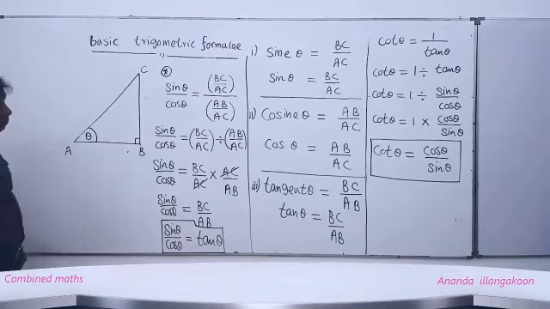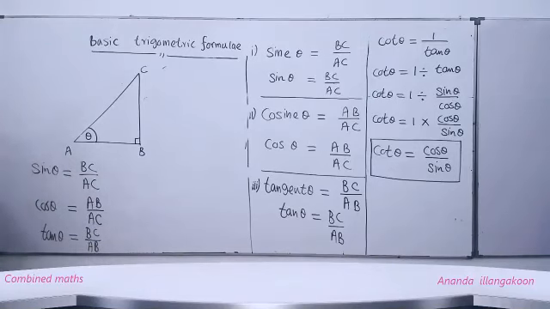Cos theta, it is the adjacent side divided by the hypotenuse, no? Right? And the tan theta we know it is the opposite side BC divided by the adjacent side AB. That we know already. Right?